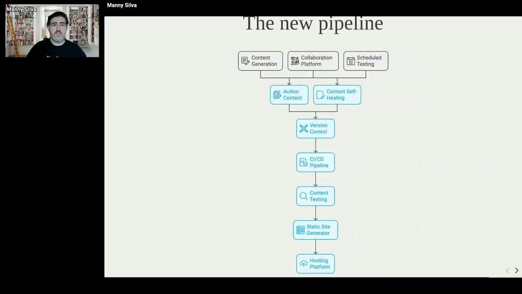So in a docs-as-code setup, whether it's from content generation, whether it's from a collaboration platform, whether it's from scheduled testing, it might kick off one of these flows. And whether a human authors the content or it comes from a content self-healing system whose changes are approved by a content author, then everything else just flows down into the pipeline like everything else does.